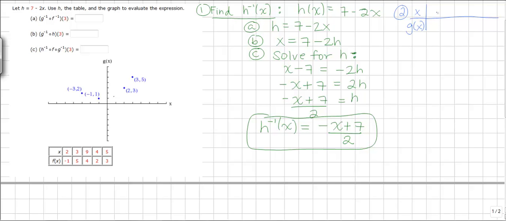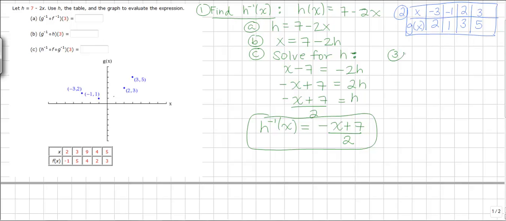So on the graph of g, if I have the ordered pair negative 3, 2, that means x is negative 3 and g of x is 2. Also, I'm given when x is negative 1, g of x is 1. When x equals 2, g of x is 3. And lastly, when x equals 3, g of x is 5. Okay, so I could take the graph and make a nice neat table.